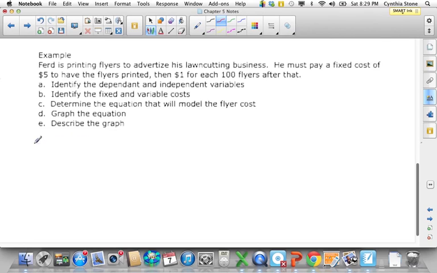Independent and dependent. So dependent, I'll just go capital D for dependent, is going to be the total cost for all the flyers, sorry, total cost.